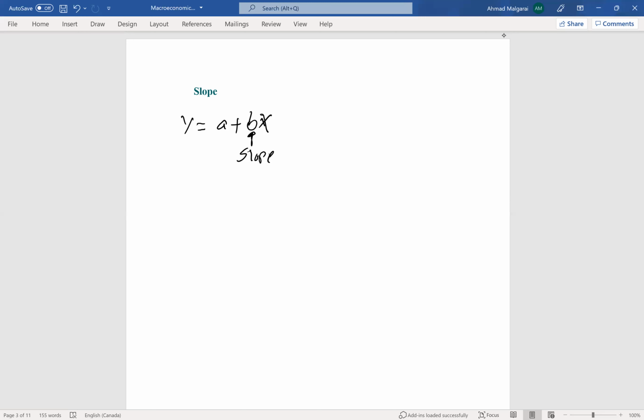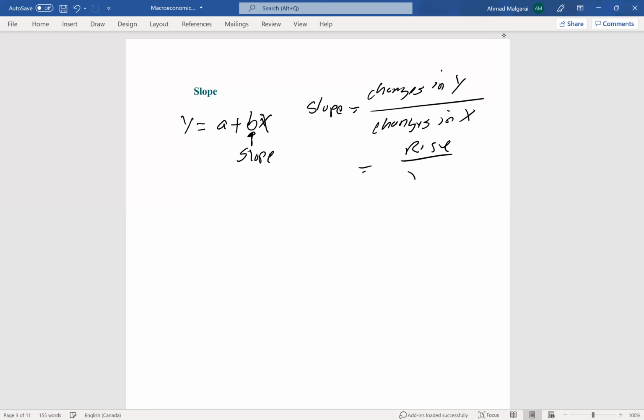This can be written as slope is equal to change in y divided by change in x, or rise over run.